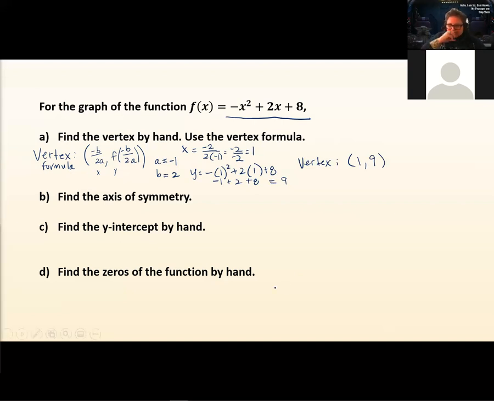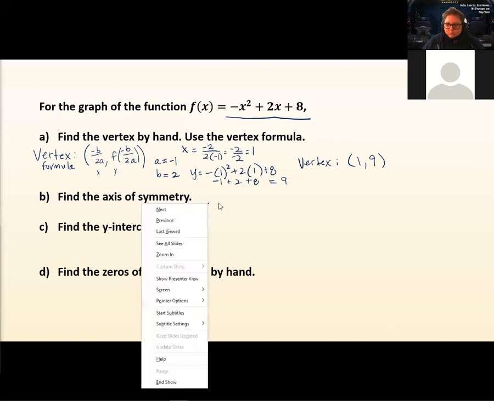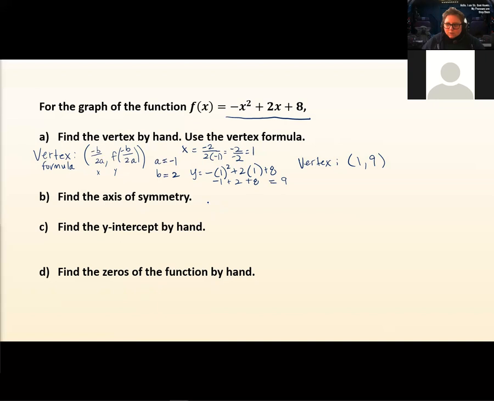What's our axis of symmetry? That's where it splits, cuts it in half. Where do we do that? On the x-intercept, the y in the middle, or the vertical line? Vertical line.